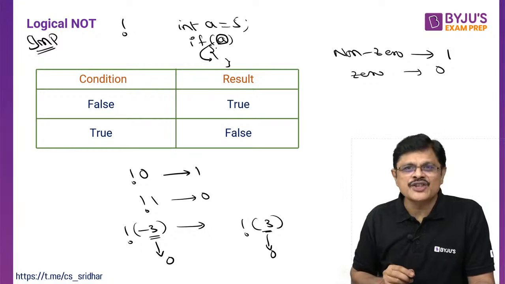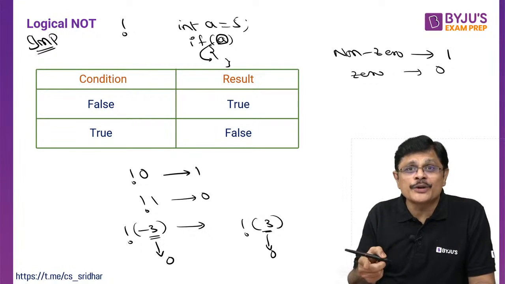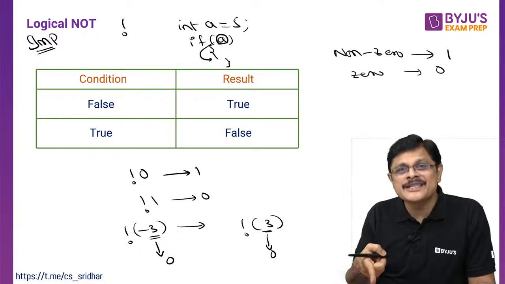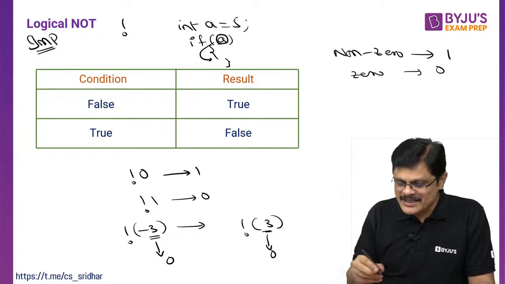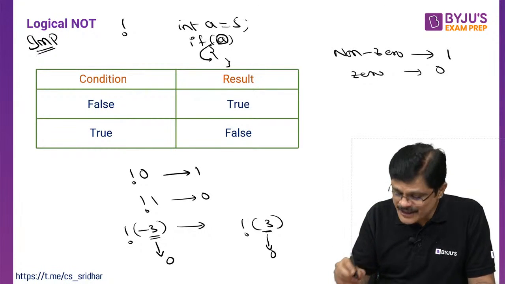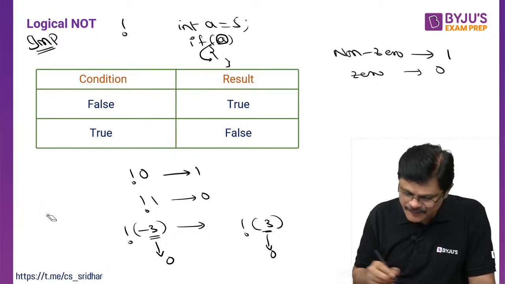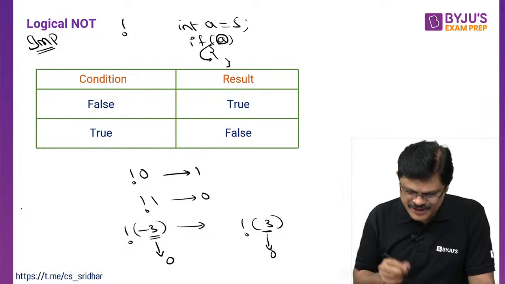So what we are actually verifying there is whether this value is non-zero, that is true. So true means you enter the block, and if it is false, you do not enter the block. Suppose you want to enter when it is 0. This is a very interesting thing which we use. Of course, I'll discuss this once again when I do selection structures and repetition structures.